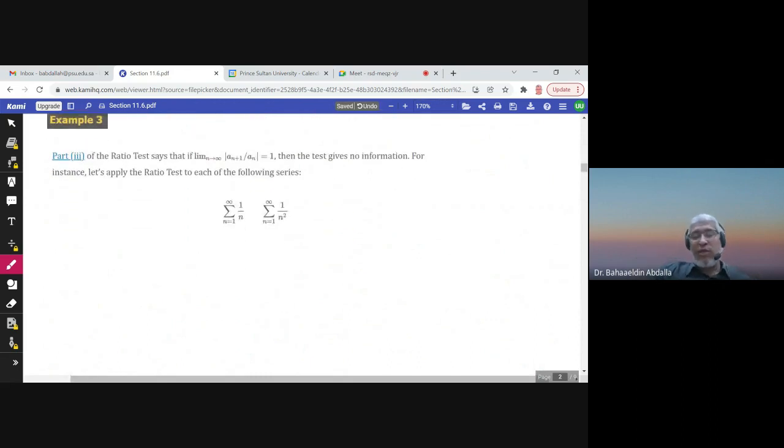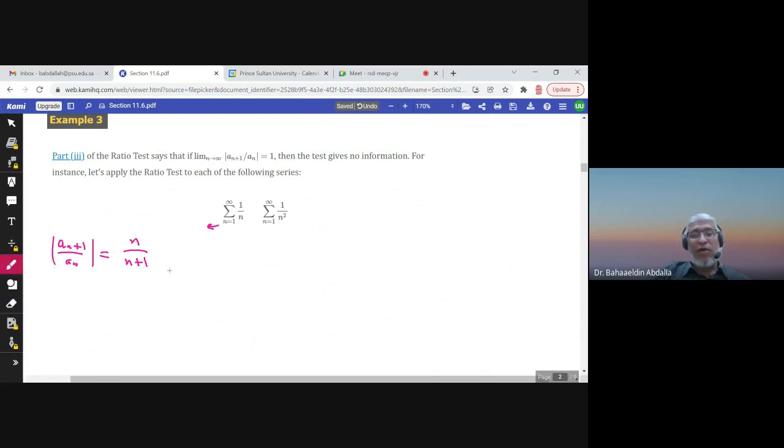Now, what about the case when the limit is 1? Well, you will see that the limit is 1 whenever you apply the ratio test to a p-series. Okay, so this is the harmonic series. This is the p-series. If you, for example, apply the ratio test here, a_(n+1) over a_n is 1 over (n plus 1) divided by 1 over n, or multiplied by n.